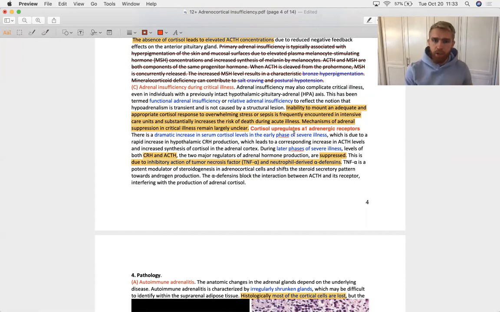Orthostatic hypotension, because it also upregulates alpha-2 adrenergic receptors that mediate the central nervous system efferent arm of the baroreflex. And so if you lose your alpha-2s there, then you're not going to be able to send a sympathetic signal to get your blood pressure up when it needs to be, such as when you stand up from rest.